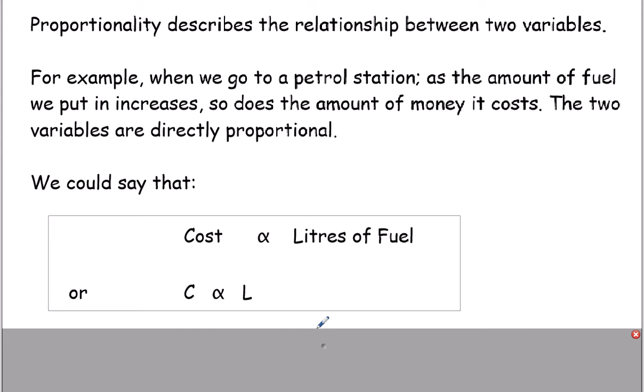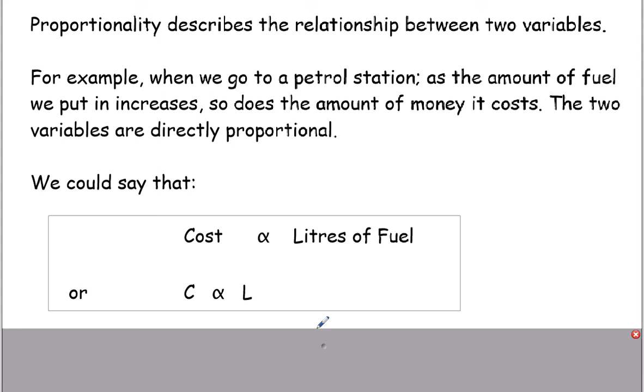Now, just like with the apples, if I buy twice as many, it costs twice as much. But what the key information was on the apples was, what does one apple cost? Well, if you go to the petrol station, on a big sign outside it says, what does 1 litre cost? And that's the constant of proportionality.